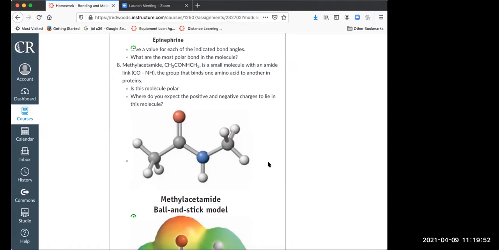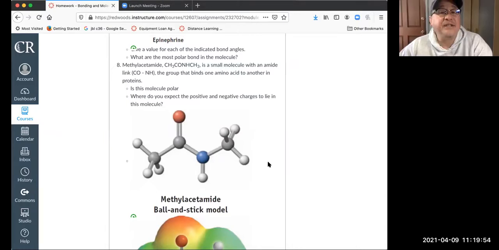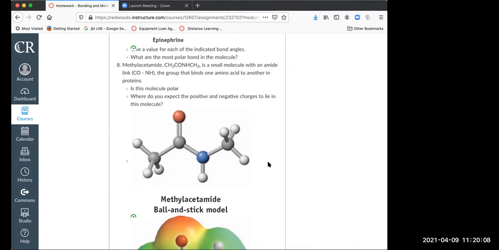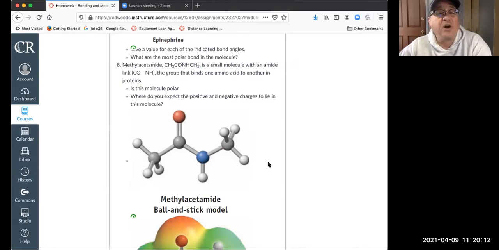And then you'll notice that the nitrogen is bonded to a hydrogen. And then the nitrogen is also bonded to a carbon, which is bonded to 3 hydrogens, kind of another CH3, if you will.